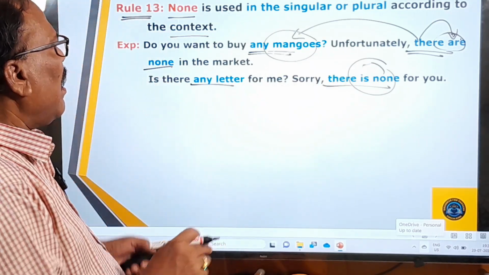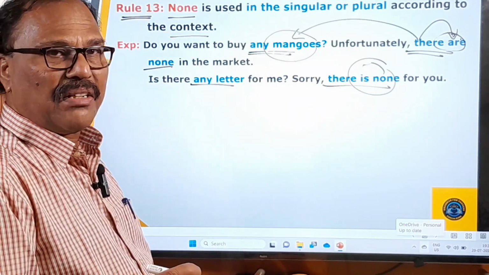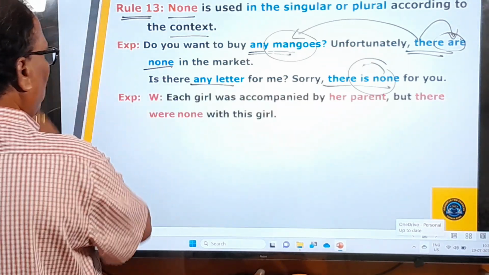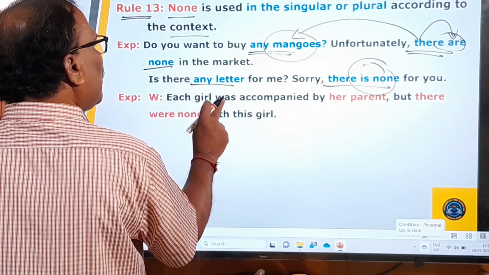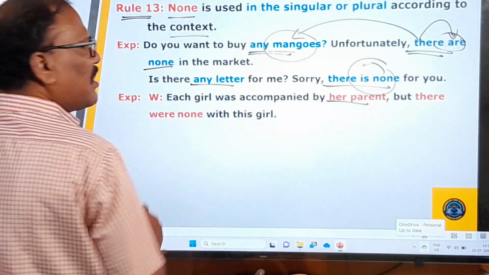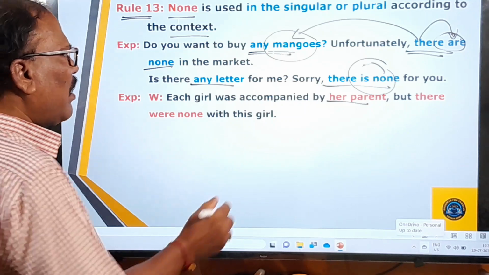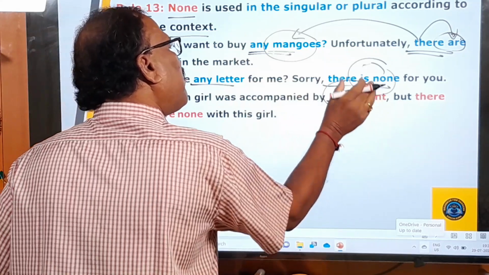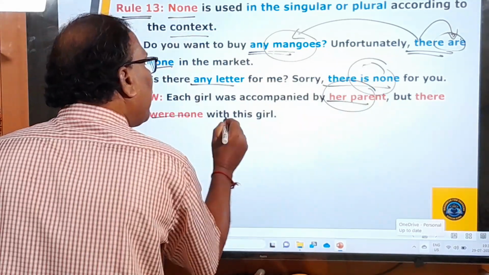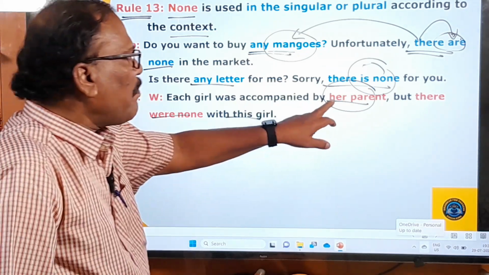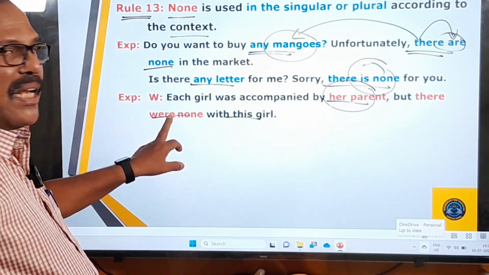Here is how the questions will be given in the examination. One wrong sentence is there: Each girl was accompanied by her parent, but there were none with this girl. Here you are talking about her parent. With this girl, there was none must be used, because her parent is singular and there must be only the singular number.